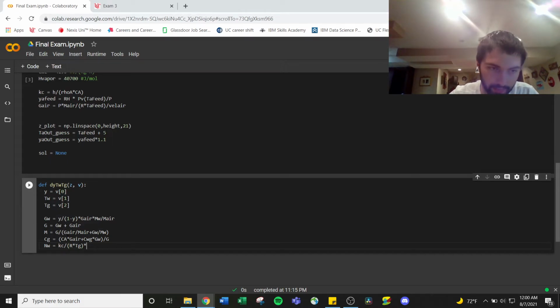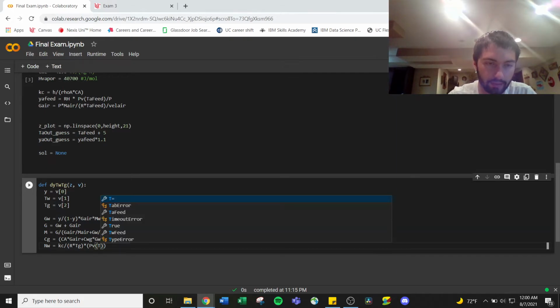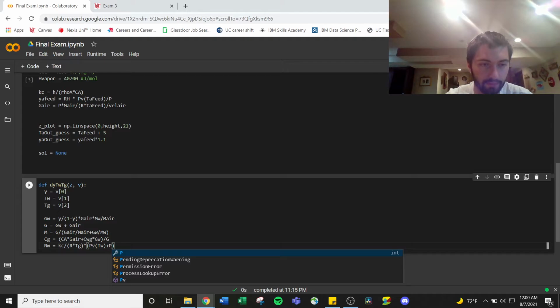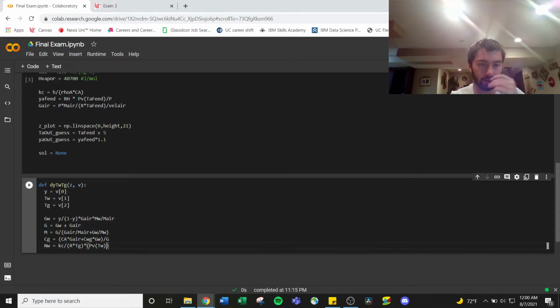And then we're going to multiply that by the partial pressures. So this one was the vapor pressure at the temperature of the water, W. And the other one was just the total pressure. Oh wait, hold on.